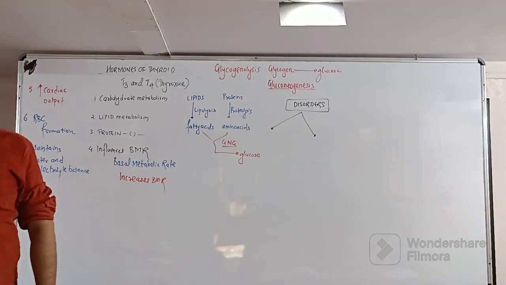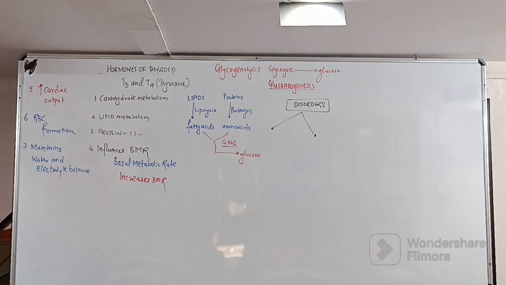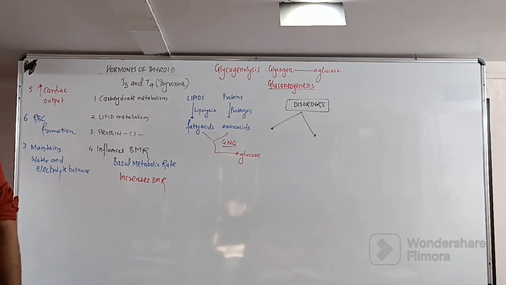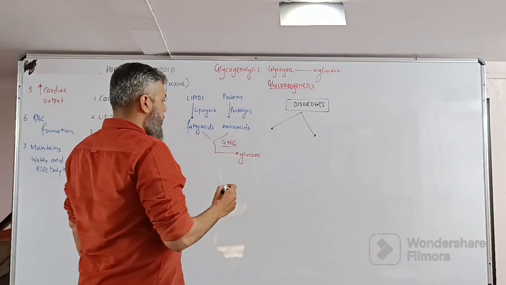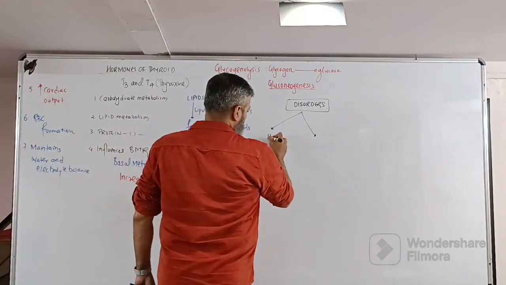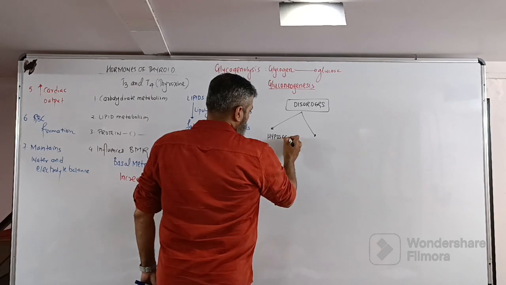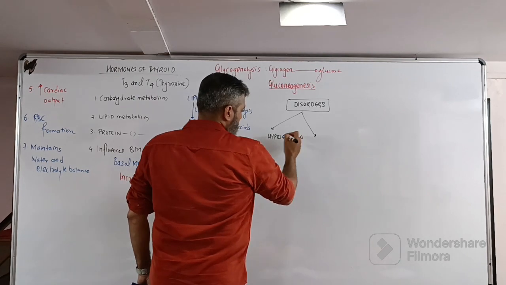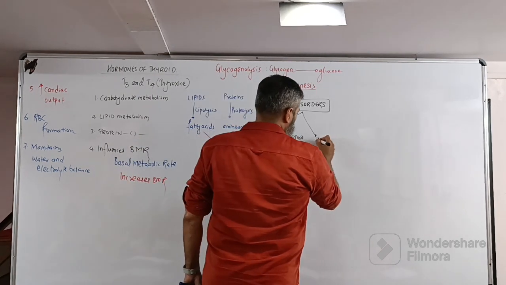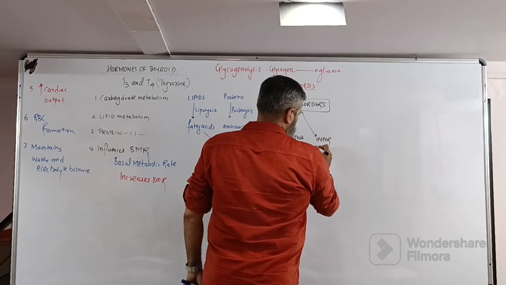When we talk about the disorders, what are the two types of disorders we discuss with respect to the amount of secretion? Hypersecretion and hyposecretion. Very good. So when secretion is less, less than required, what do we call it? Hyposecretion. And when it is more than required, what do we call it? Hypersecretion.